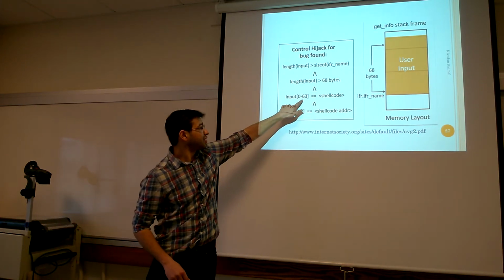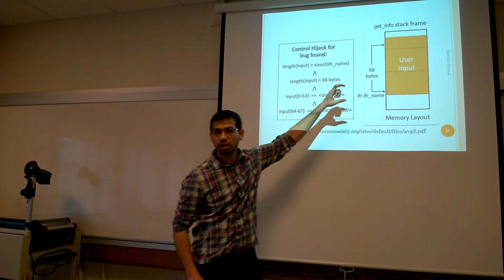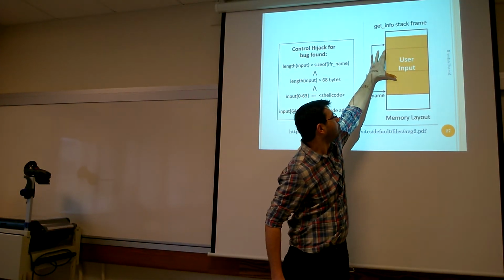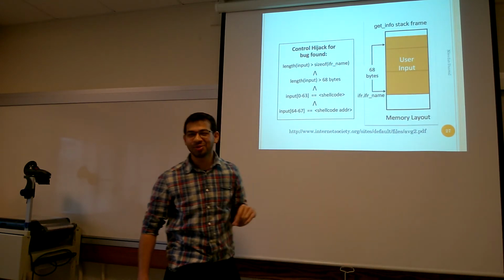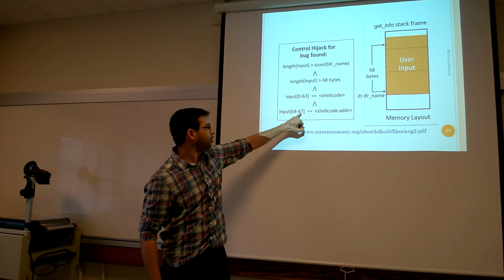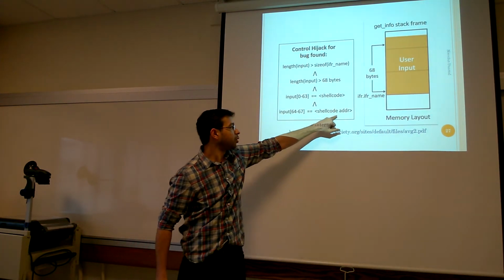So then 0 to 63 is our shellcode, from here to here, which was the actual buffer length that was allocated. And from 64 to 67 is the return address up here, which is the shellcode's address.